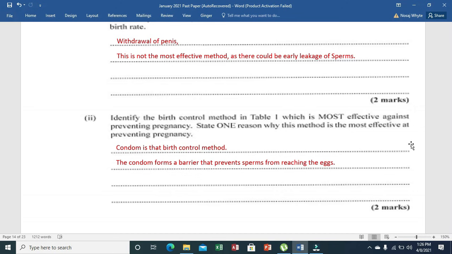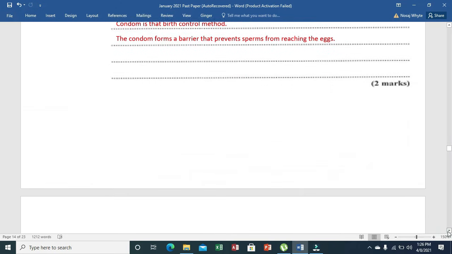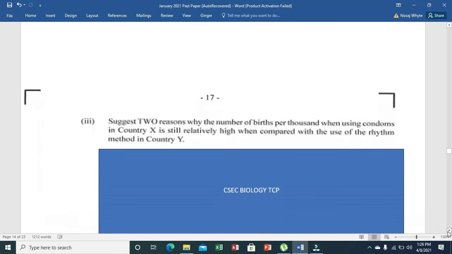Now the condom forms a barrier that prevents sperm from reaching the egg. Of course, if the condom is preventing the sperm from reaching the egg, then it is definitely going to be the most effective, because pregnancy will not occur providing that the condom is properly used. Let's look at the other question.